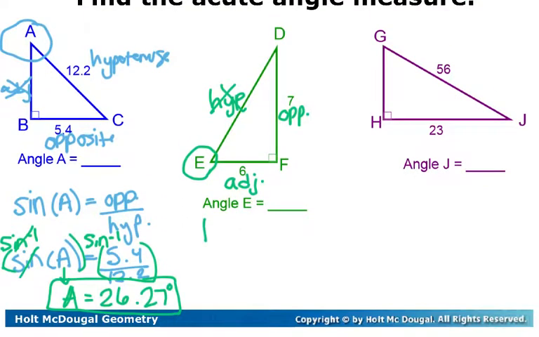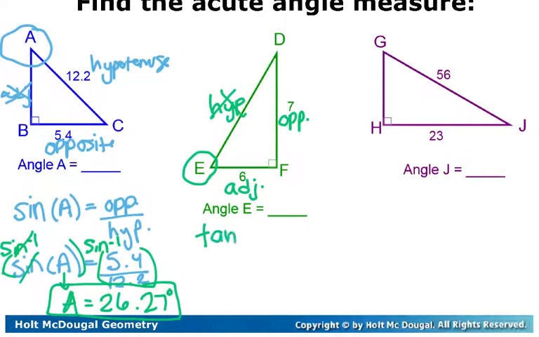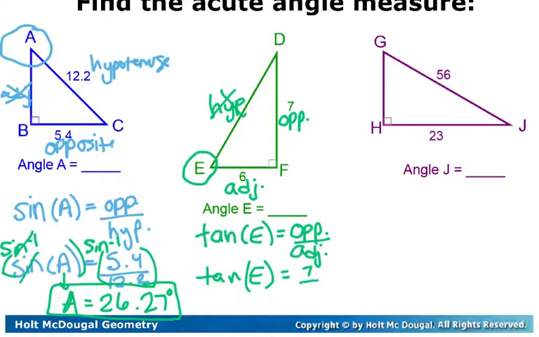That means that tangent of angle E is going to equal opposite over adjacent, or technically tangent of E equals the opposite length, which is 7, over the adjacent length, which is 6. To solve, I need to undo the tangent to get the E by itself.